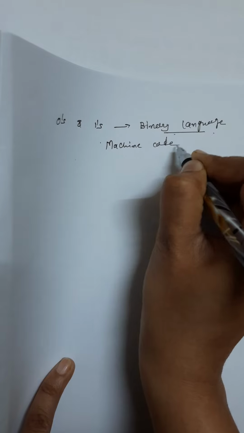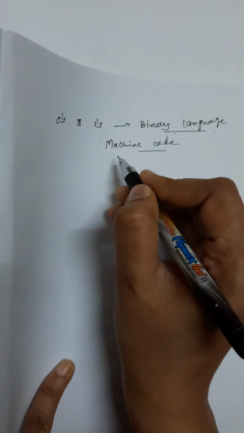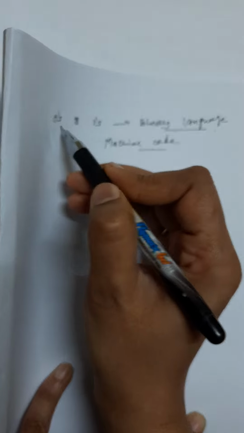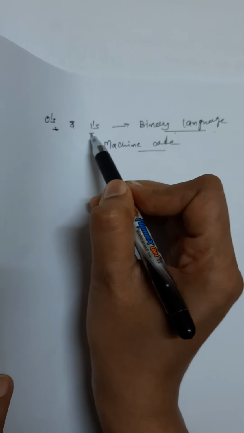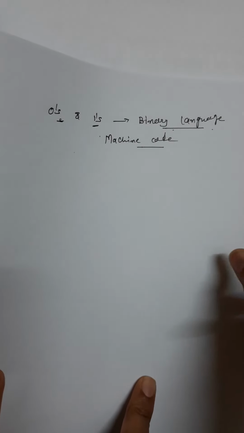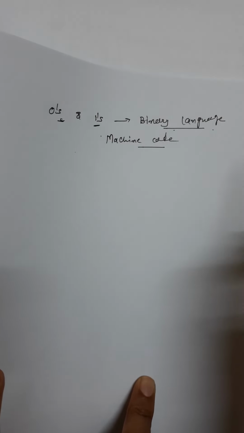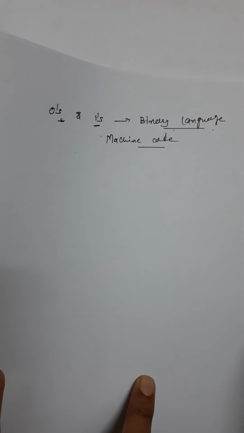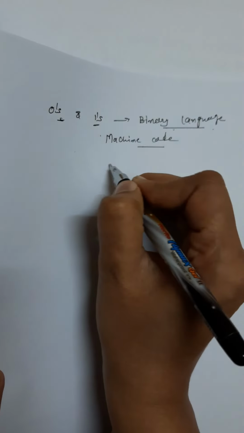Okay, so if we are writing a program in C language or C++ or Java, we have to convert that program into machine language, I mean into zeros and ones, right? So to convert that program which we are writing in C, C++ or Java into machine language, we need several translators.